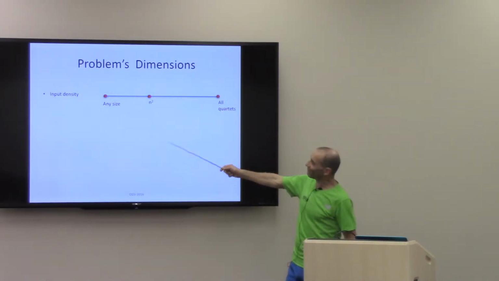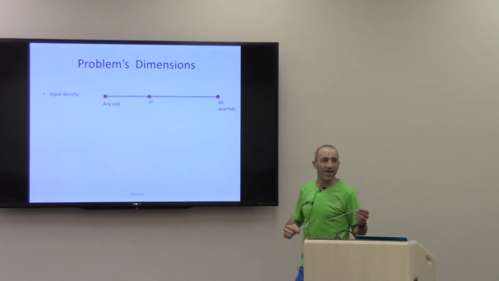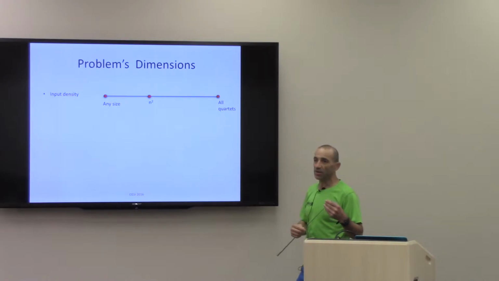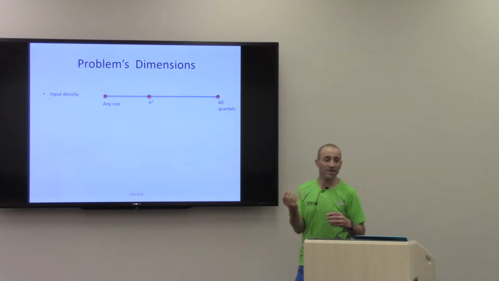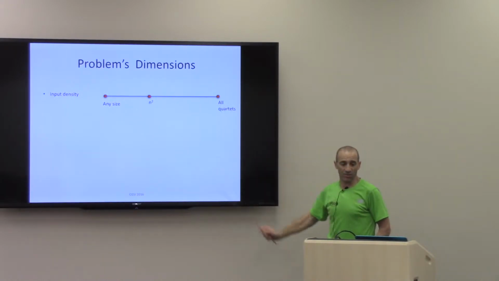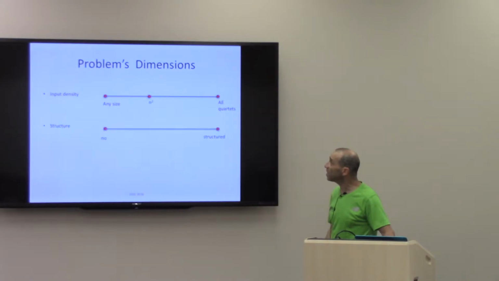I just marked here n squared. Any idea what the maximum we can have is? What is all the quartets? If we have a quartet tree over every 4-set, it is n choose 4. So this is the biggest input we can see.